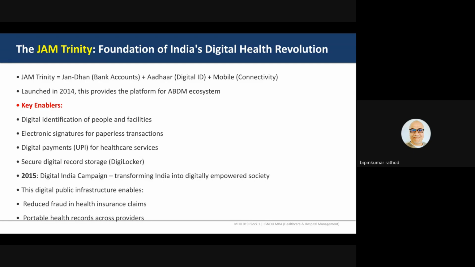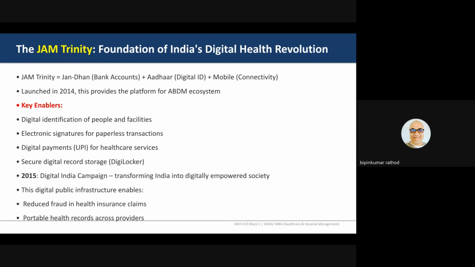By the end of 2015, we came up with something called a digitally empowered society. It has different components.